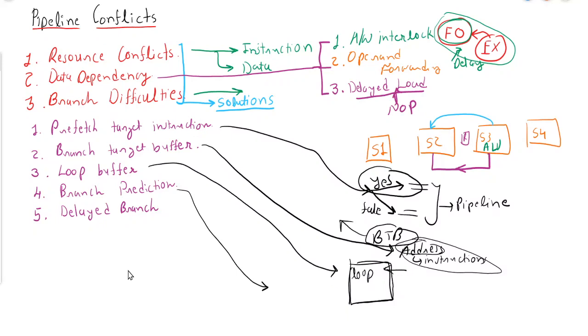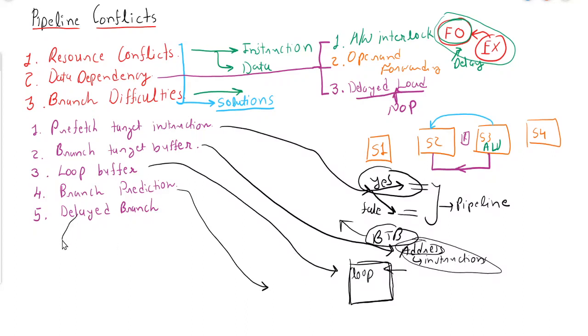It will guess the outcome of a conditional branch instruction before it is executed, and according to that, it will prefetch the instruction from the branching location. So this is how branch prediction works. But what is the downside? If a prediction is wrong, then whatever instructions we have fetched will be discarded.